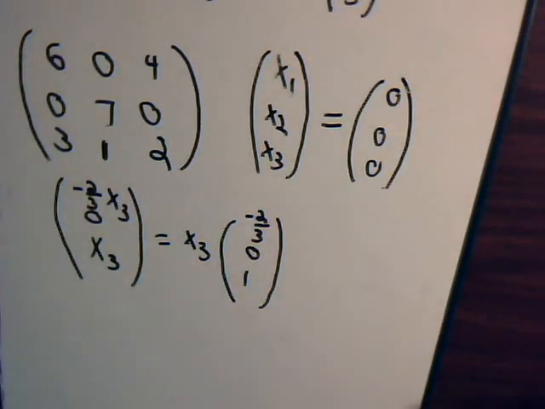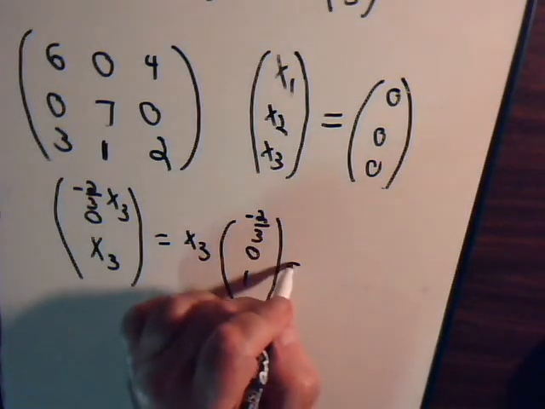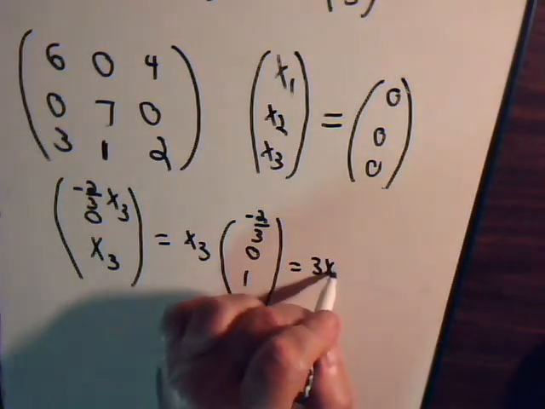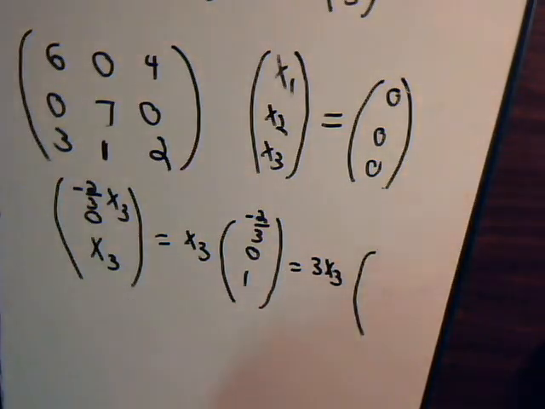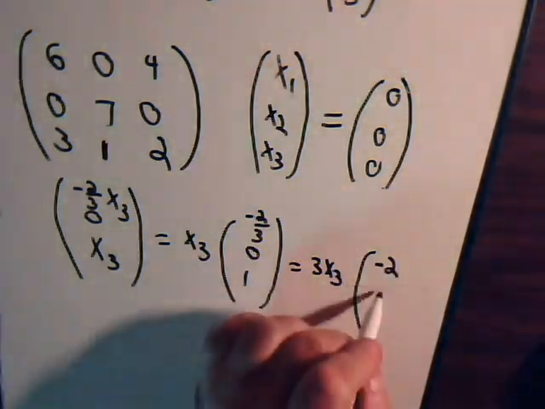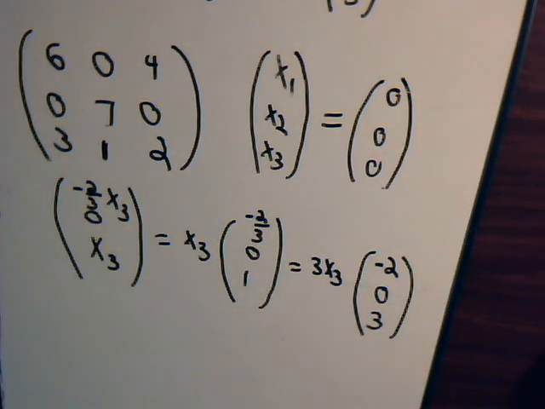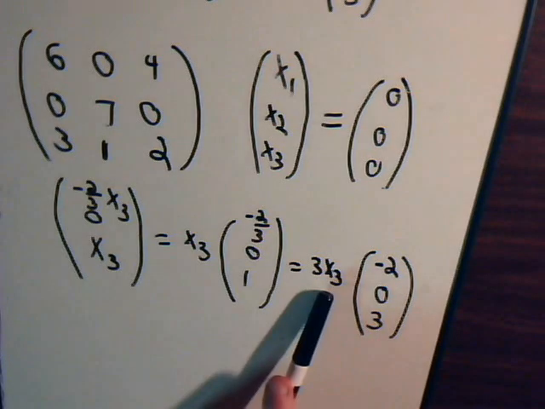Now, if we want to, remember this can be anything. And remember, as we said during the previous video, an eigenvector times a constant is still an eigenvector. So we could multiply this by 3, and we would have negative 2, 0, 3, and that would still be an eigenvector. And remember, x3 can be anything.